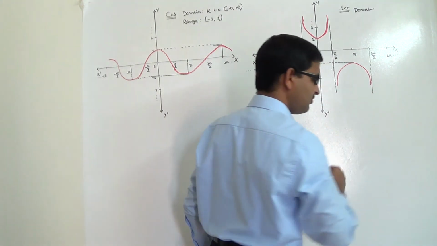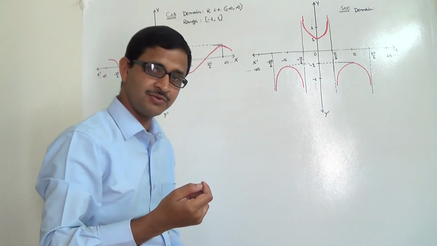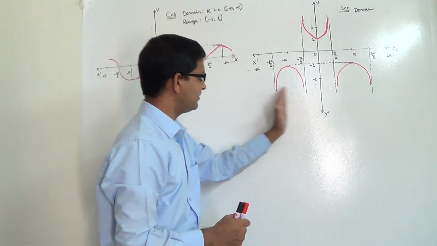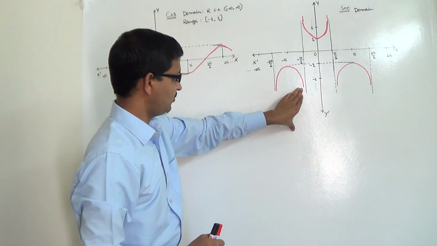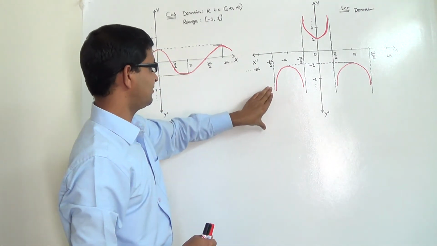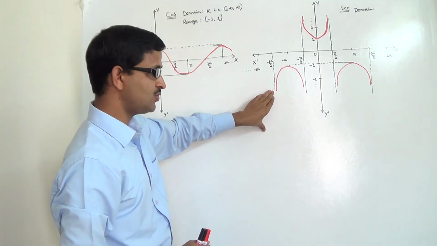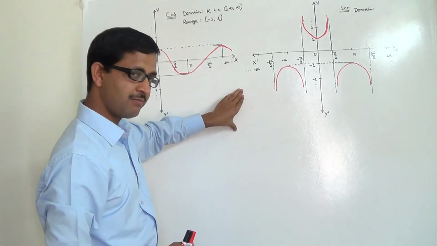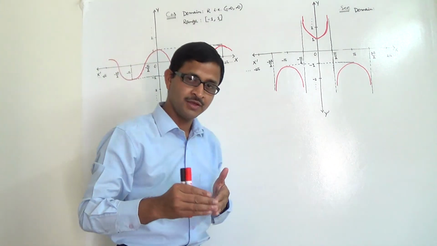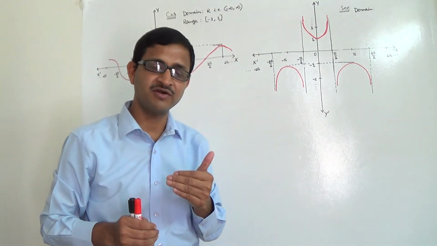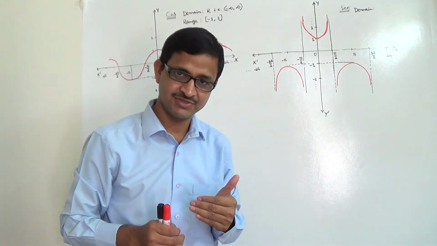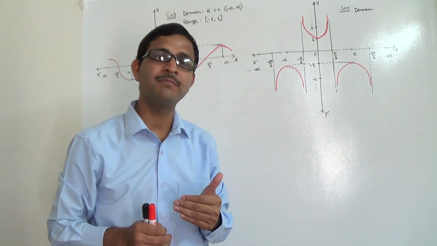Similarly, we can find 5 into pi by 2, 7 into pi by 2, 9 into pi by 2. In that way it will continue. And in the negative angles, we can find that it cannot touch minus pi by 2, it cannot touch minus 3 pi by 2, minus 5 pi by 2, minus 7 pi by 2, minus 9 pi by 2, in that manner. So we see the domain of the function sec is any angle except the odd multiples of pi by 2.